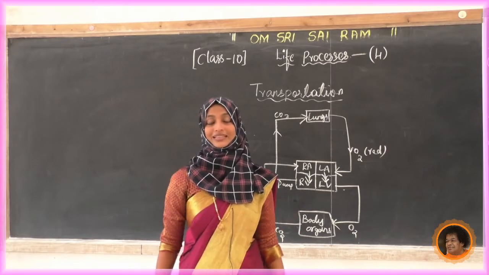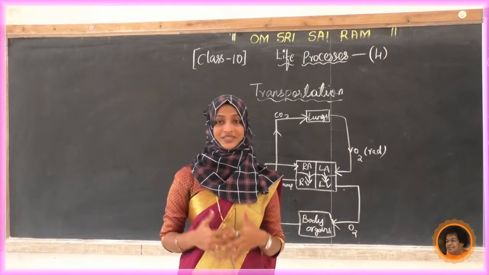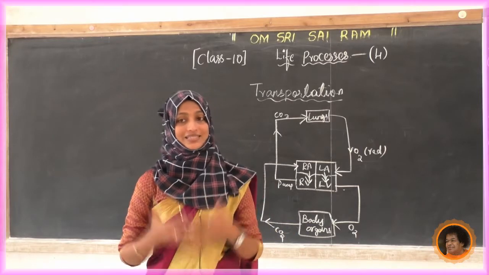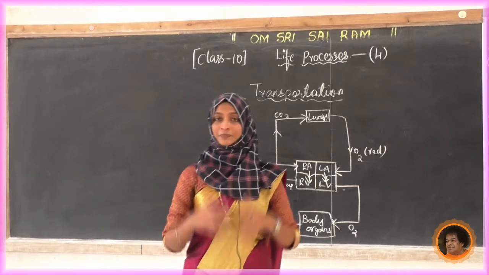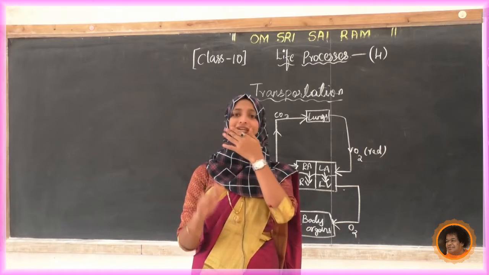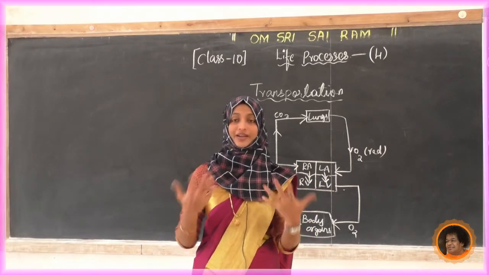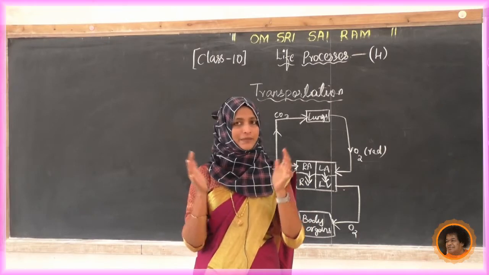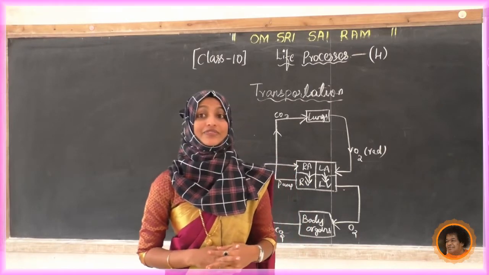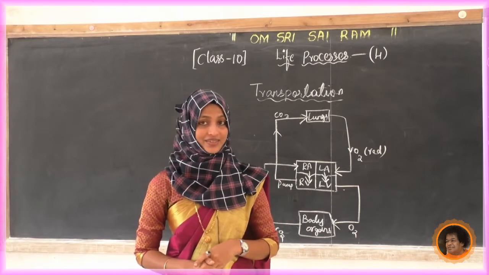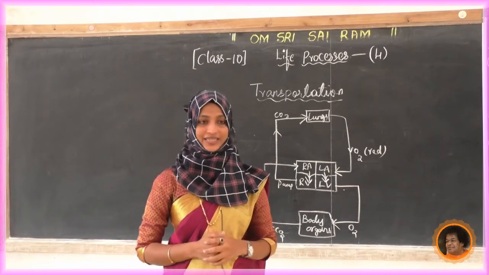We are warm-blooded animals, but in reptiles there is a mixing of oxygenated and carbon dioxide blood in the ventricle, because it is only a partially divided ventricle.